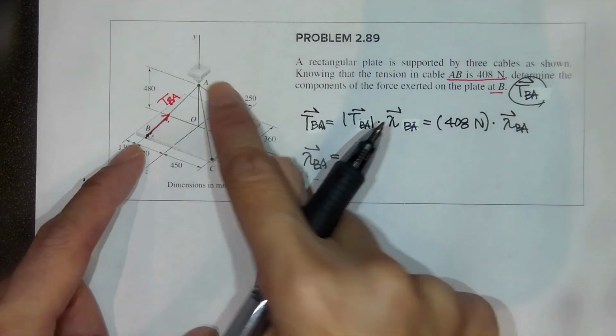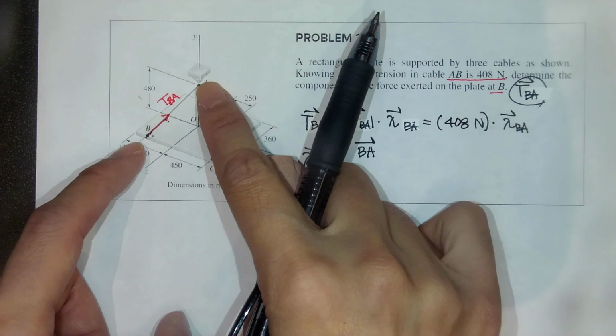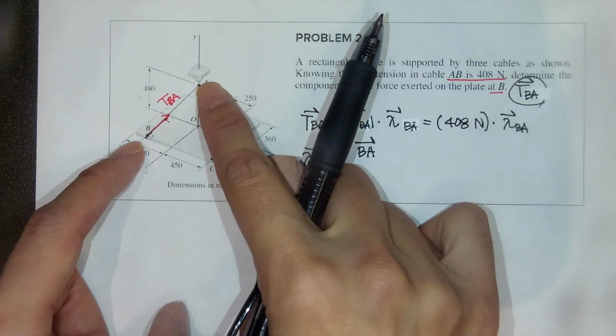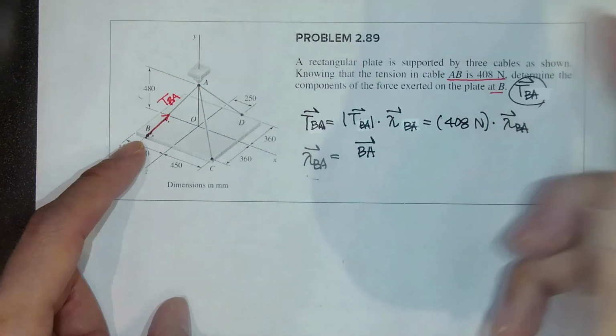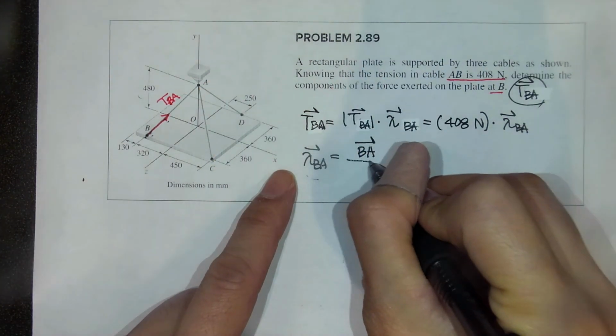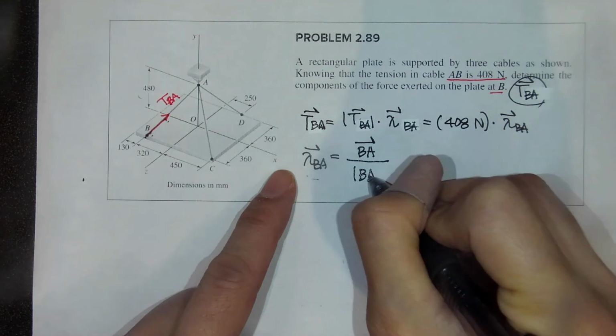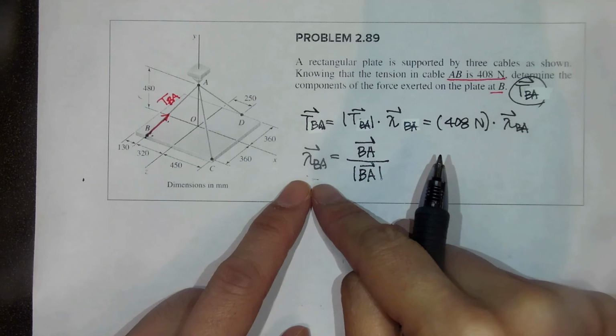It is 480 millimeters, so maybe about 500, 600, 700 millimeters something. So it is not 1 millimeter, right? So to make this one a unit vector, we need to divide this by the magnitude of BA. Then this is a unit vector, right?